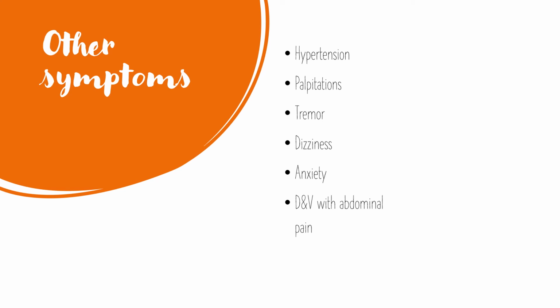Although they have this triad of symptoms, there are other adrenergic symptoms they may get, such as hypertension, palpitations, tremor, dizziness, anxiety, diarrhea and vomiting with abdominal pain, and heat intolerance and flushes.